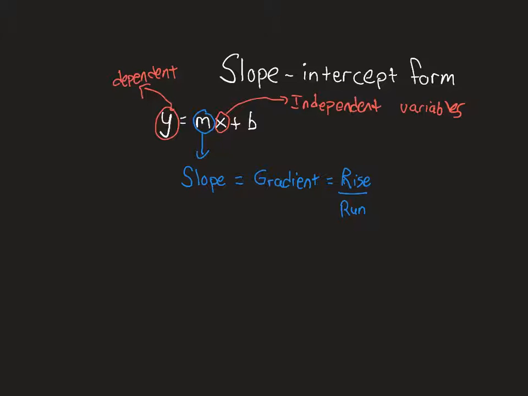Well, rise over run, if you have a graph, and let's say you have a point at 1, 1, and another point at 2, 3. Okay, so if you connect these lines, so I have a point at 1, 1, and another point at 2, 3.